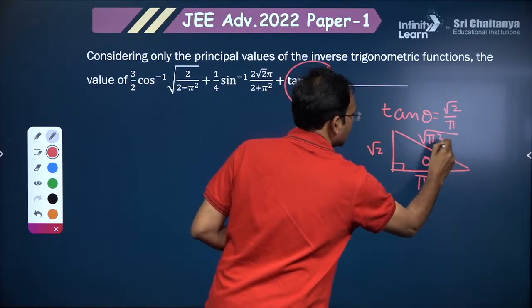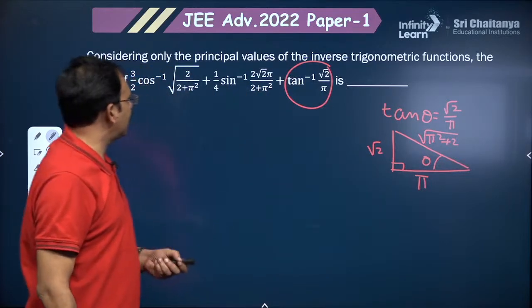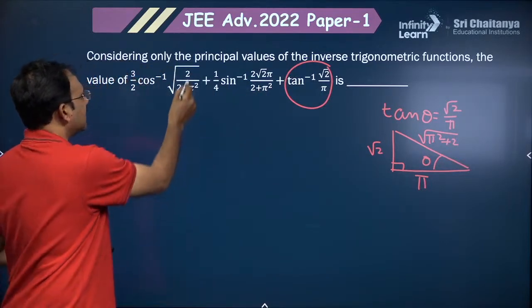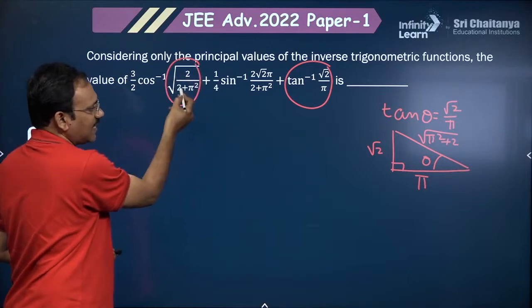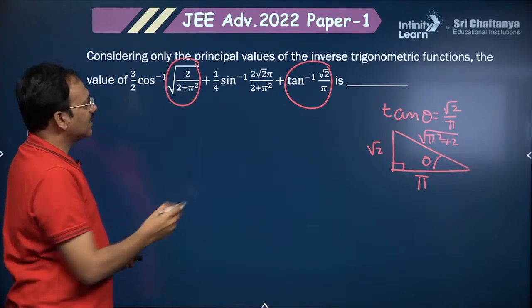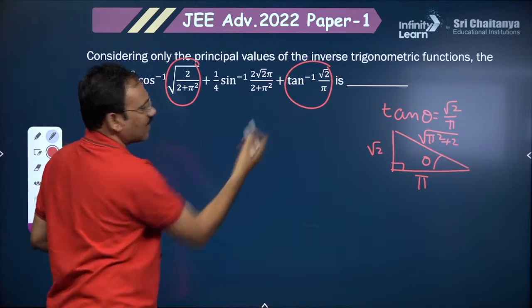root of pi square plus 2. With this observation, dear friends, you can observe that this part is like sin theta, right? This is going to be 2 sin theta cos theta.